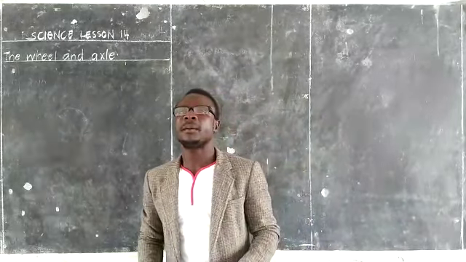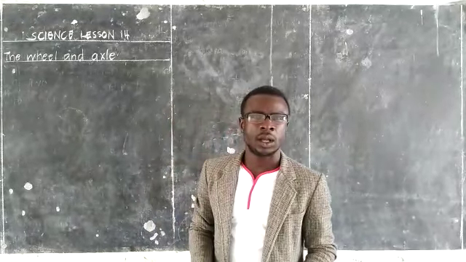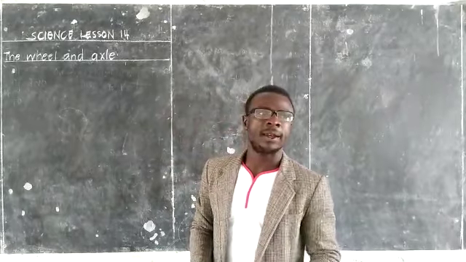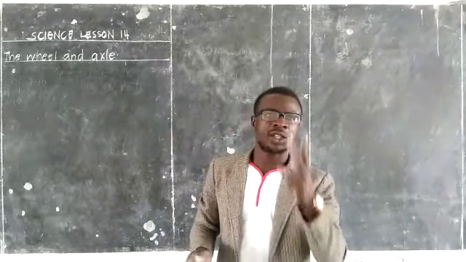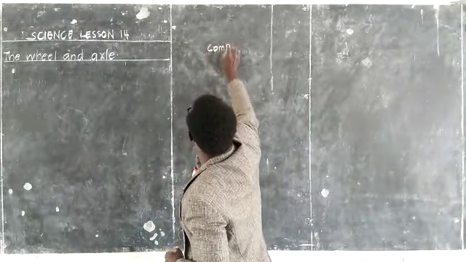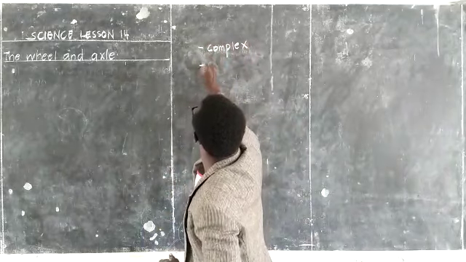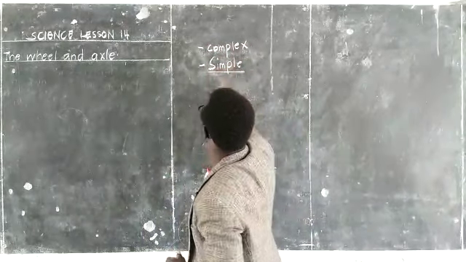In the beginning, we described machines and mentioned that there are two main types of machines: complex machines and simple machines.